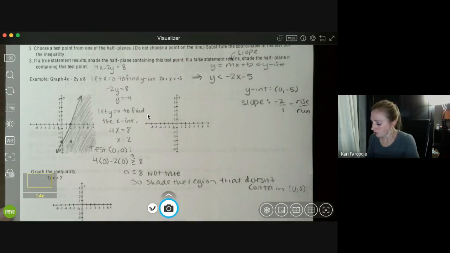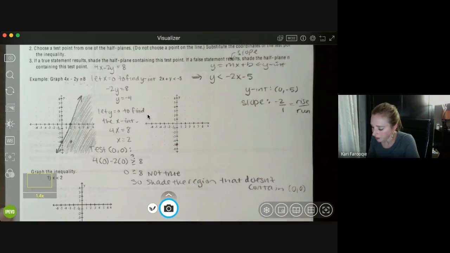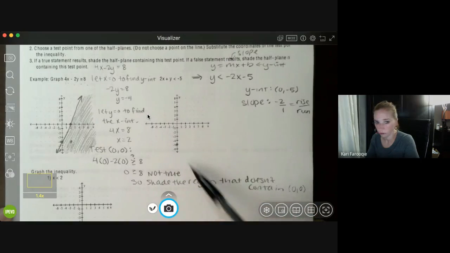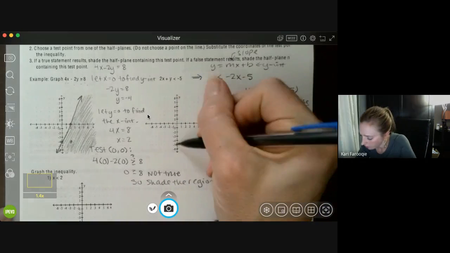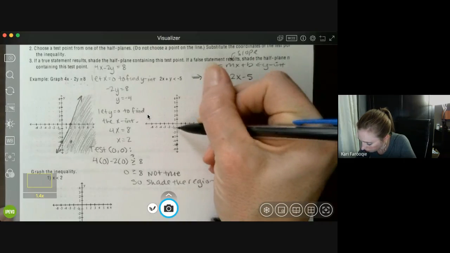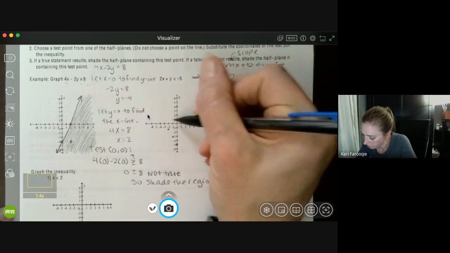Okay, so I'm going to graph the line. I have a y-intercept at 0, -5, and I have a slope of -2. When your slope is negative, it means your line goes down from left to right. So the rise over run is 2/1. In order to get that to go down from left to right, I need to go up and to the left.